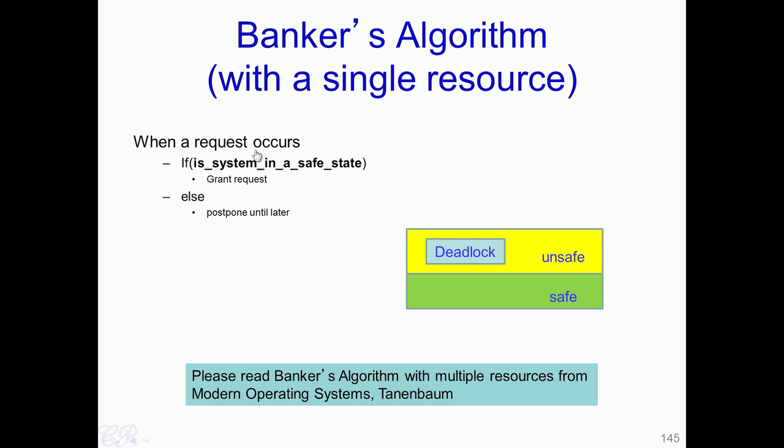If indeed the system is in a safe state, indicating that there is a schedule of the resources so that all requests can be granted, then the requests are allocated. Otherwise, the request is postponed until later.